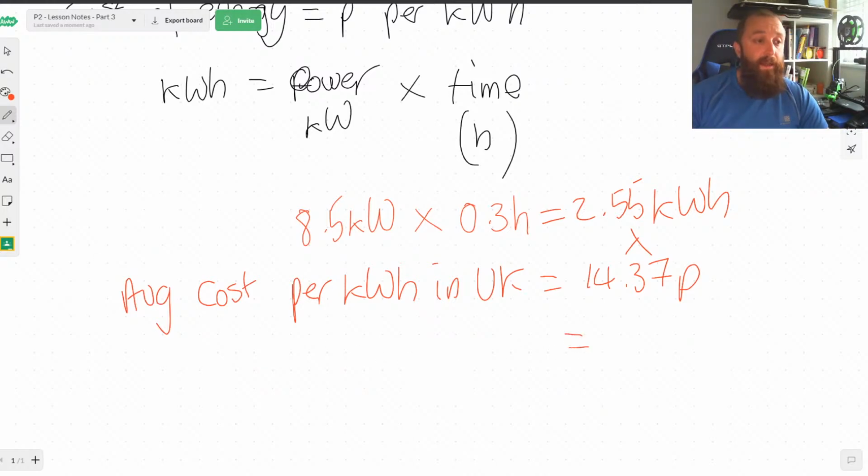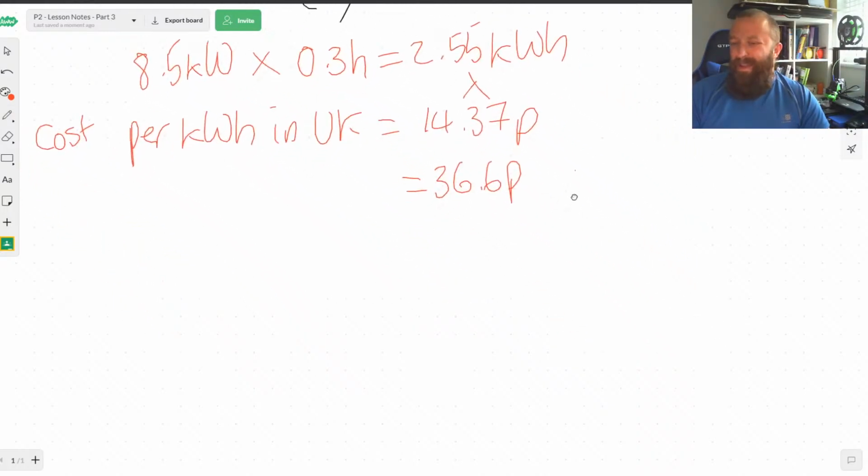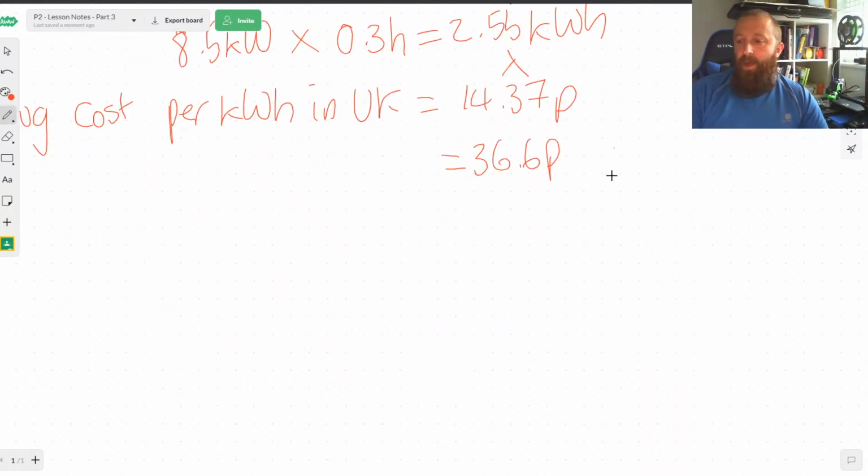So every time my sister has a shower, 14.37 multiplied by 2.55 is going to equal 36.6 pence. Now that doesn't sound like too much, but hopefully she's having a shower every single day, so let's work out the cost over a year.